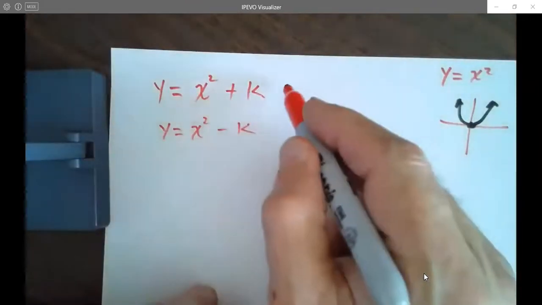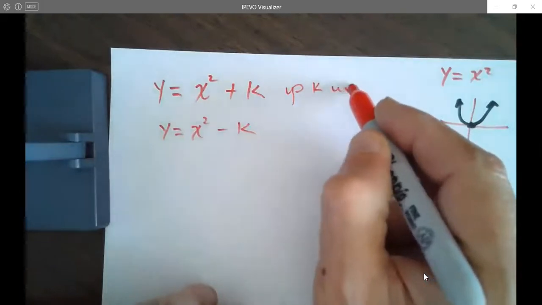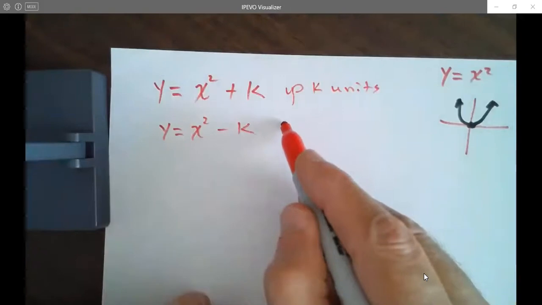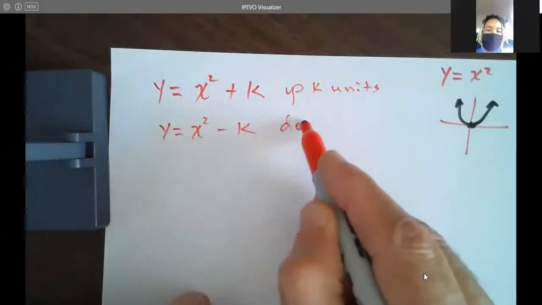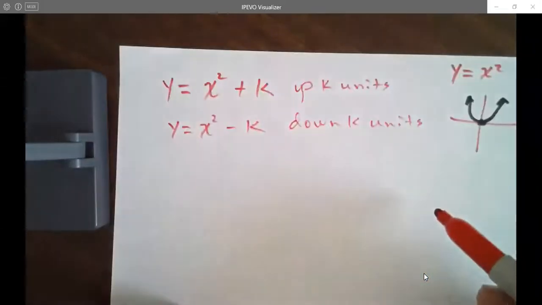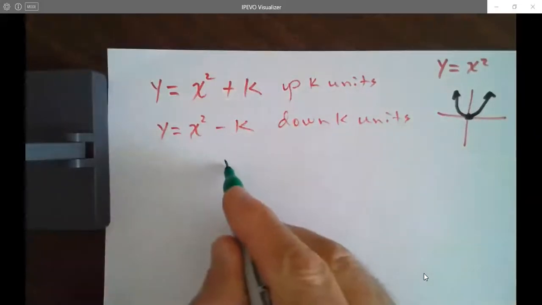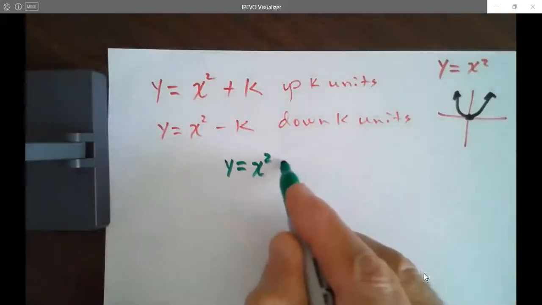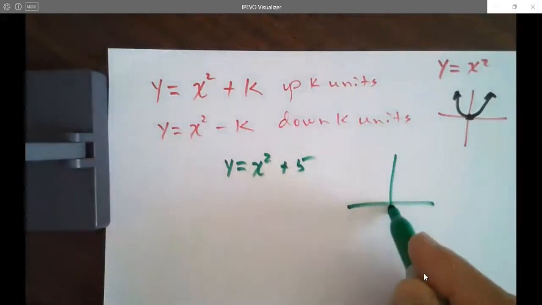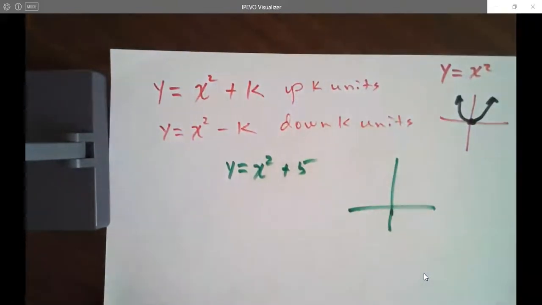When it's x squared plus k, it's going to move the graph up k units. If it's x squared minus k, it's going to move the graph down k units. So if we have a graph like y equals x squared plus 5, let's say, this graph will shift up 5 units.